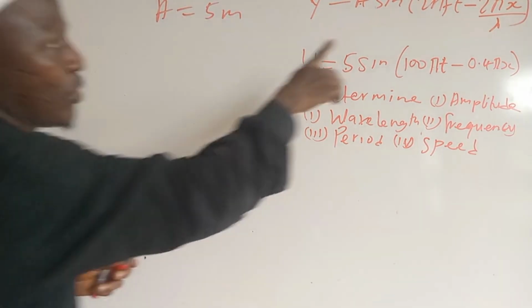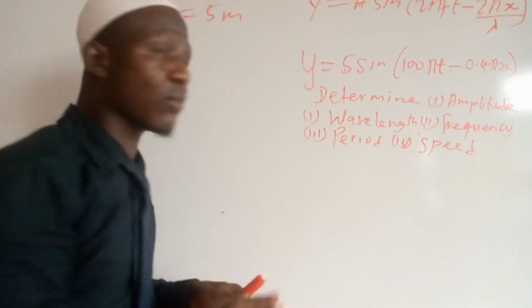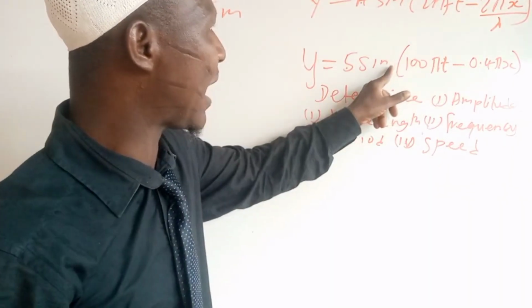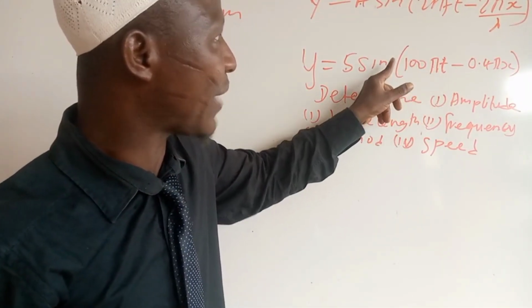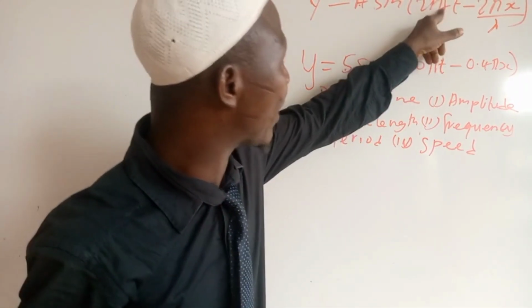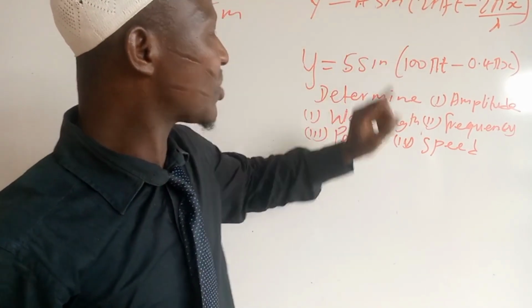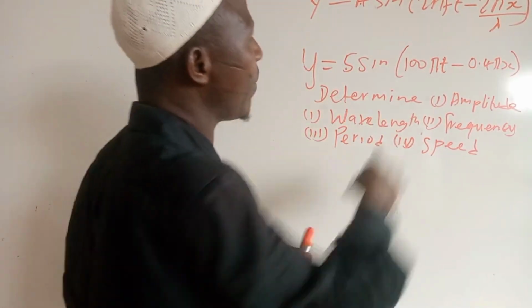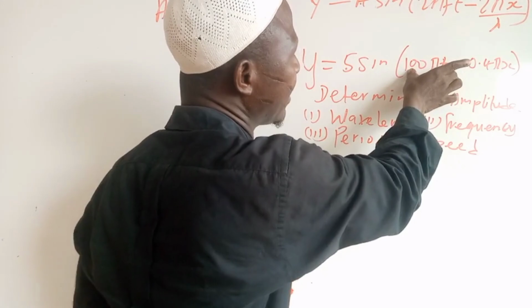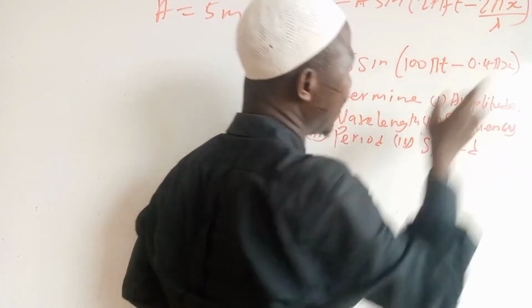Then compare this and this. In some questions they will factor something out here. If 2 pi or whatever is factored here, you too, you factor that particular thing out here. But since nothing is factored out, just compare this and this directly, then this and this.